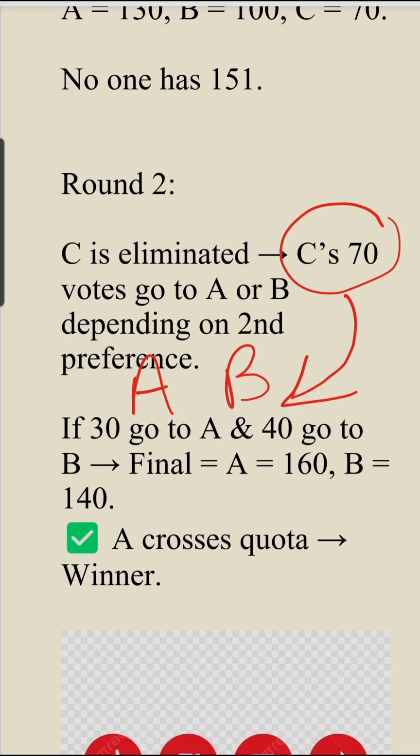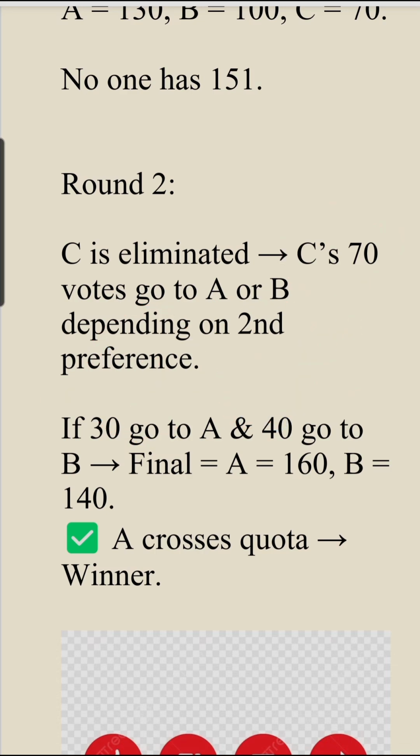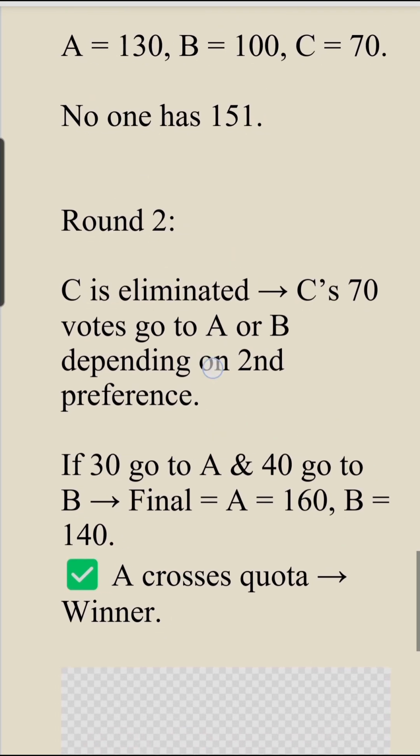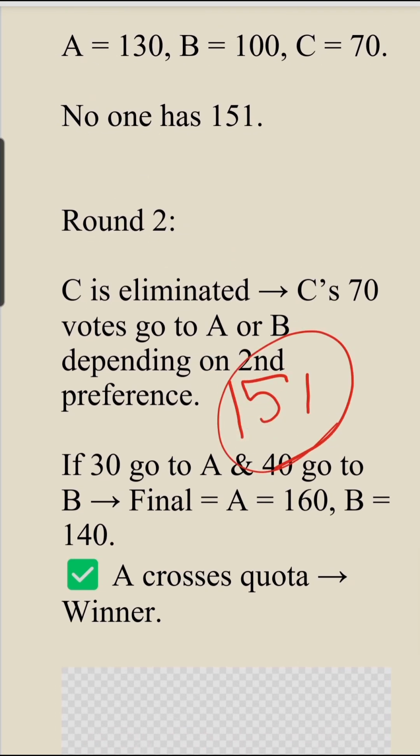Now people will again vote, and it will be counted how many people have A as their first preference to become president and how many people have B as their first preference. If A gets 151 votes or more than 151, then A will become the winner because A has crossed the quota.